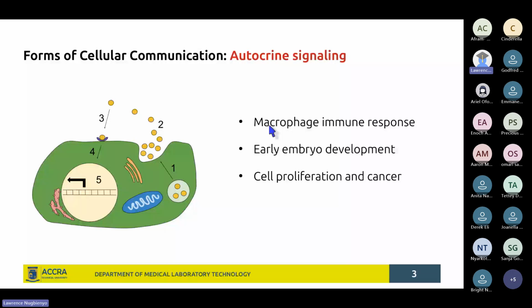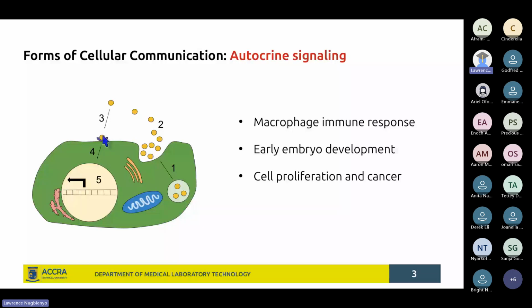So for instance, the diagram you are seeing on your screen, you see that the cell, number one, you have number one in the cell, the cytoplasm, where some signaling molecules are secreted. So number two, you have the signaling molecules out of the cell, and these signaling molecules bind onto receptors on that cell itself.